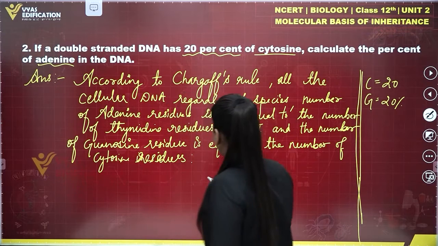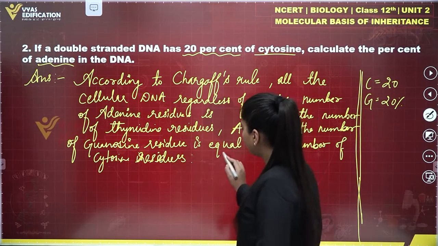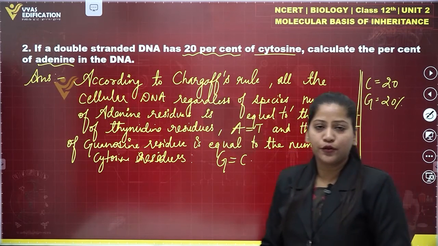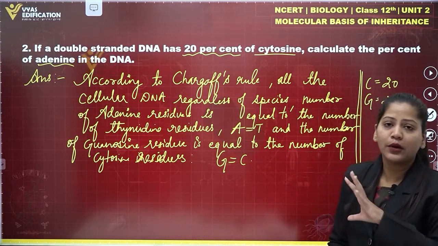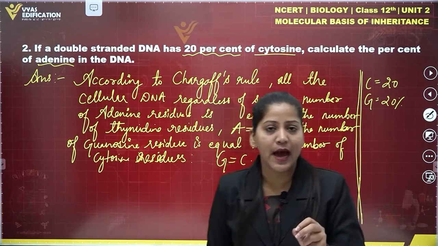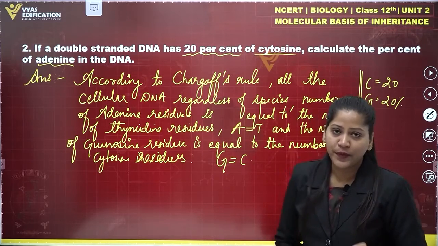So here also G is equal to C. According to Chargaff's rule, in any cellular DNA, regardless of species, A will always be equal to T and G will always be equal to C.